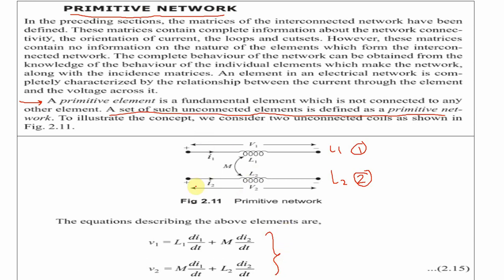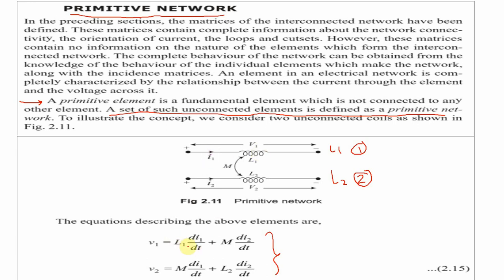from this diagram. For example, suppose I want to write down the equation for this particular element. How am I going to write? V1 is equal to L1 di1 by dt. Current is nothing but the rate of change of charge with respect to time.